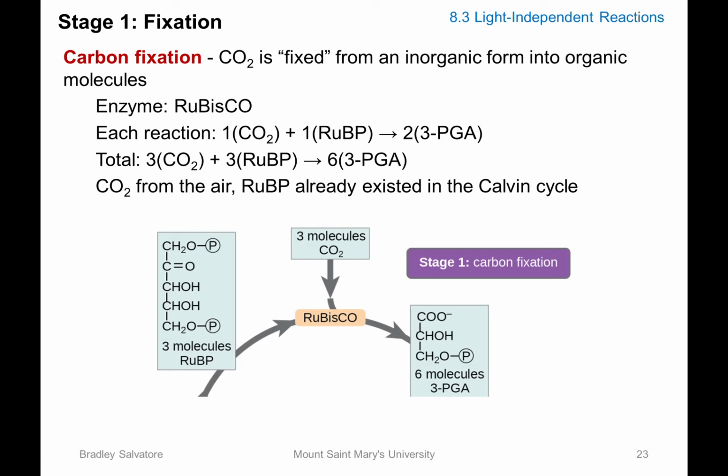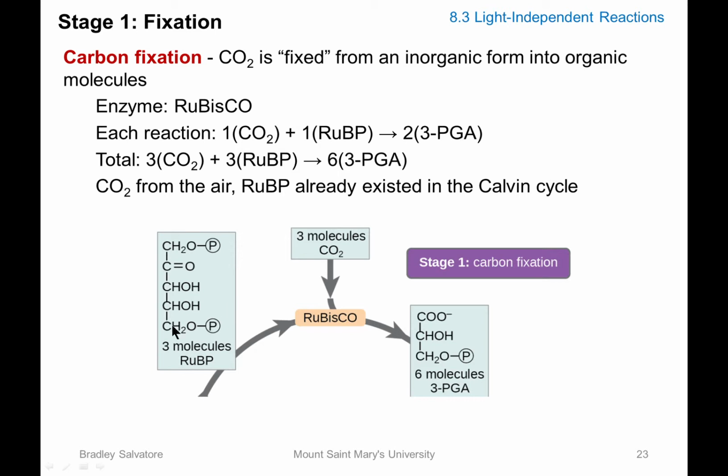So the first step is fixation. Carbon fixation is called fixation because you're fixing inorganic carbon dioxide molecules into an organic molecule. Within this cycle, you already have three molecules of RuBP, and an enzyme called Rubisco will catalyze the reaction of RuBP combining with carbon dioxide to make two molecules of 3-PGA.